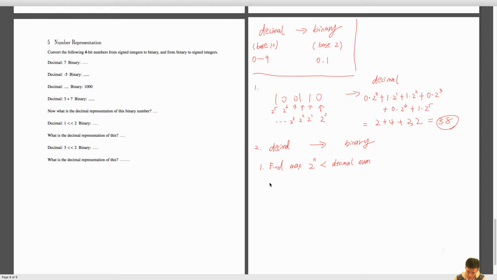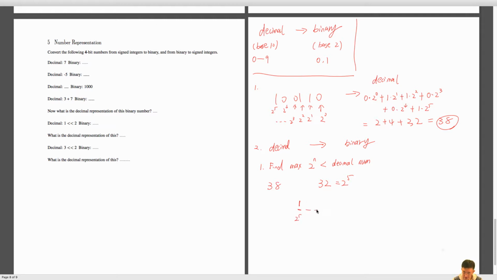For example, we have 38. We want to find the max 2 to the power n that is smaller than 38, which by calculation we find is 32, or 2 to the 5. Since it is 2 to the 5, we put a 1 at first, and this digit counts 2 to the 5.